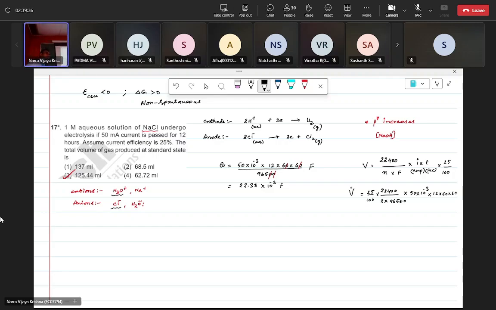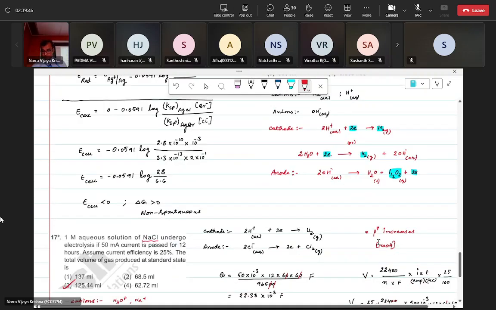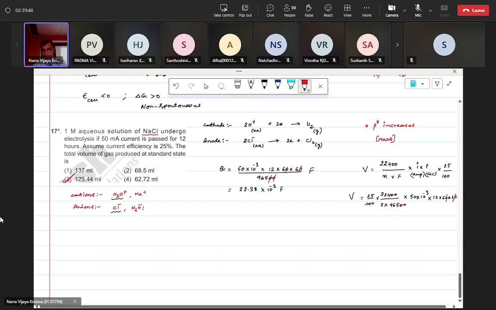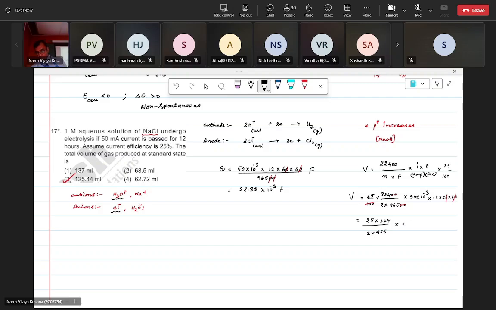Same thing I'm writing. These two zeros gone, and 0 and this 0 gone. So what is left? 25 into 224 divided by 2 into 965 into 5 into 12 into 36 into 10 power minus 2.